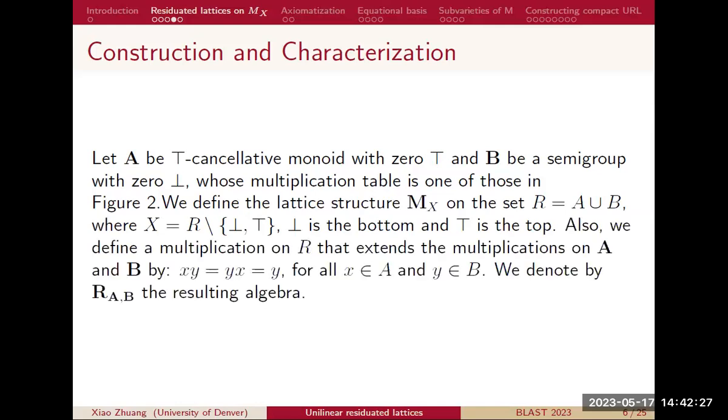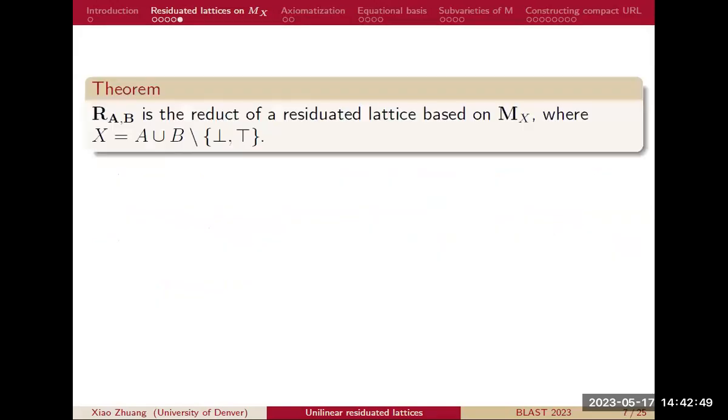Then we define a natural ordering: set elements in x to be pairwise incomparable with each other, the top as the top, the bottom as the bottom, and make every element in A the unit for elements in B. We denote by R(A, B) the resulting algebra. It turns out that this algebra is exactly a restricted lattice based on M sub x.